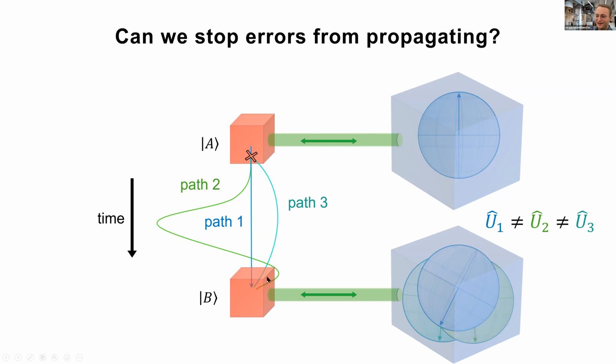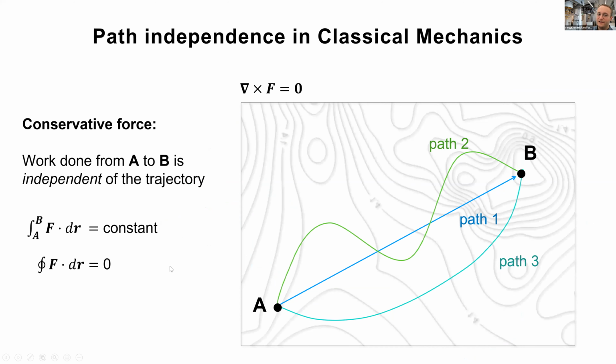Now, this way of looking at this should look vaguely familiar. Of course, if you go climbing on a frictionless mountain, you know that it doesn't matter what path you take to the summit. The number of calories you will have burned does not depend on the trajectory you take.